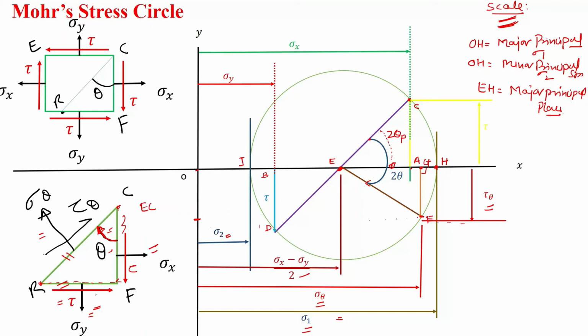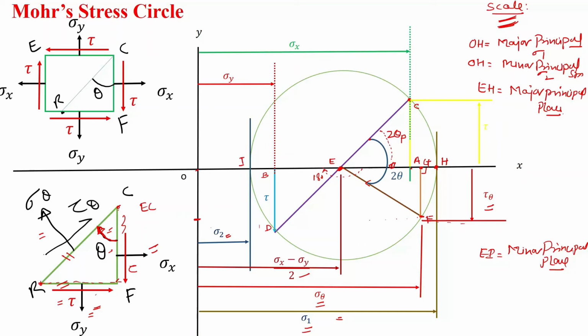So in the Mohr circle they will be represented at 180 degrees. The second principal plane is EI, which is oriented at 180 degrees from EH. EI is the minor principal plane.